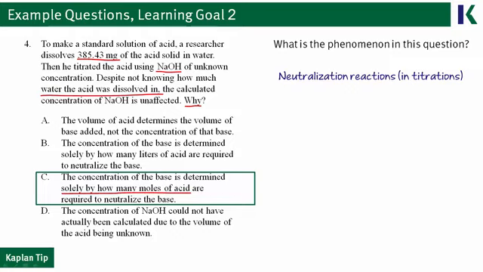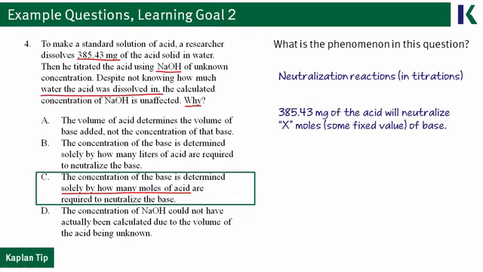And this is true. This is an application of knowledge you probably have about titrations, which is that if you have a certain amount of acid, in this case 385.43 milligrams, in a titration you sit there and drip, drip, drip the sodium hydroxide until you reach the equivalence point, that really steep point in the titration graph. But what that point represents is an equality of moles between acid and base.